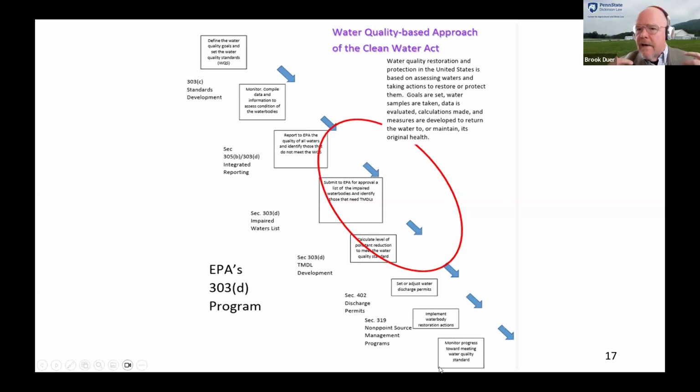But there's nothing in the law that says what happens if those things don't happen. And even what happens if you delay for several years developing your TMDL. Well, lawsuits have attempted to try to force things, and sometimes it's worked and sometimes it hasn't. So the bottom line is there was a big hole in this statute.